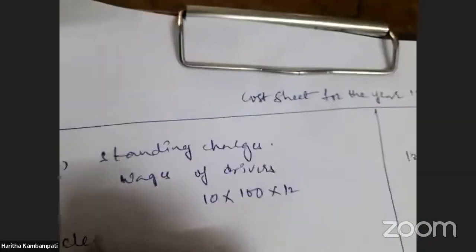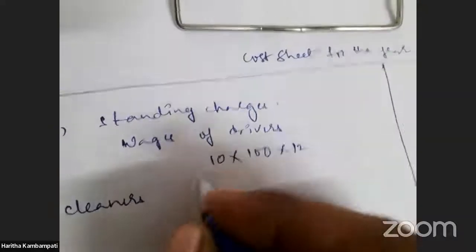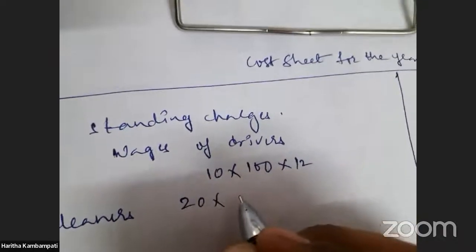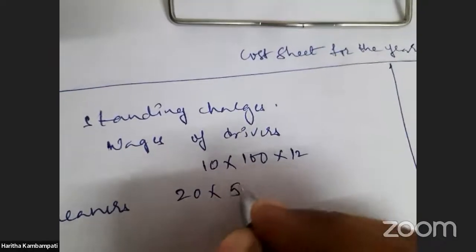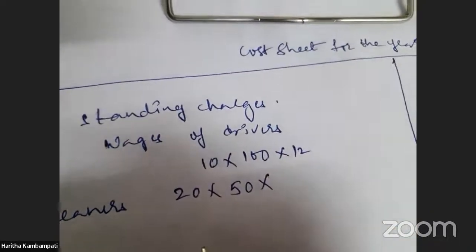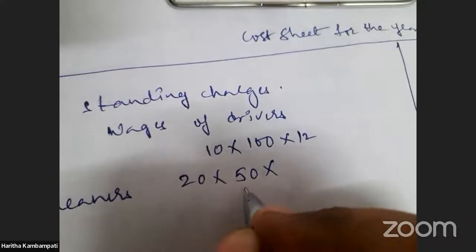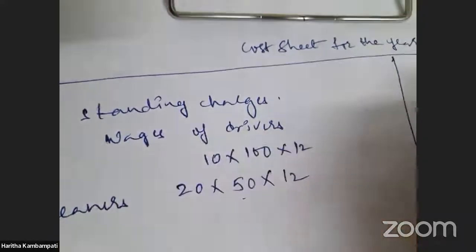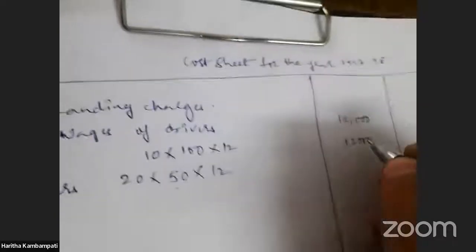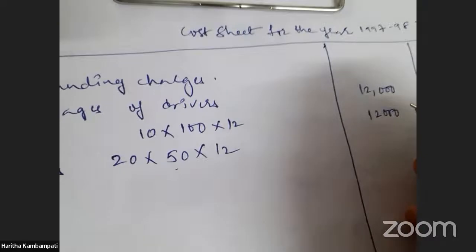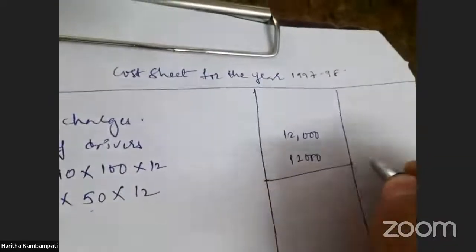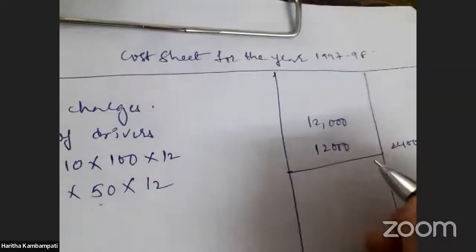Again, cleaners, 20 cleaners are required. Wages for them 50 rupees for 12 months. So totally for wages 24,000.